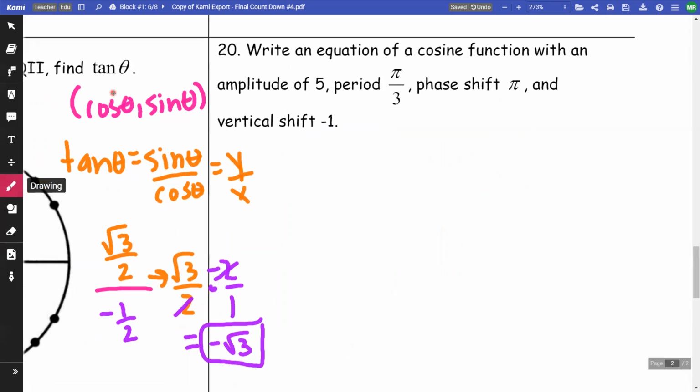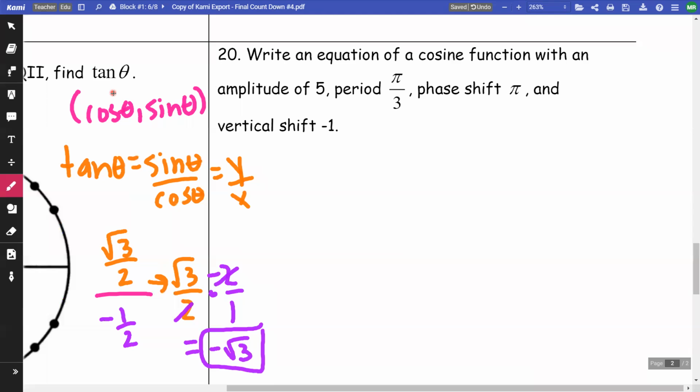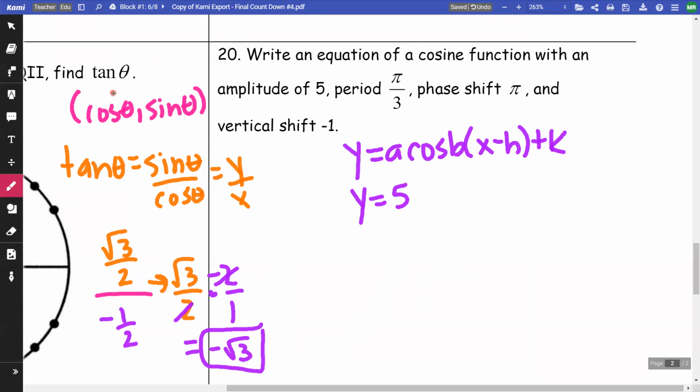Okay, on 20, write the equation of a cosine with an amplitude of 5, period of pi/3, phase shift of pi, and vertical shift of -1. So this is going to be y = a cosine b times (x minus h) plus k. I like to have my b outside. That way my phase shift is easier for me to write. They didn't say that it's an upside down cosine graph, so we're just going to assume that this is a +5 cosine. Now the b is going to come from the fact that our period is pi/3.